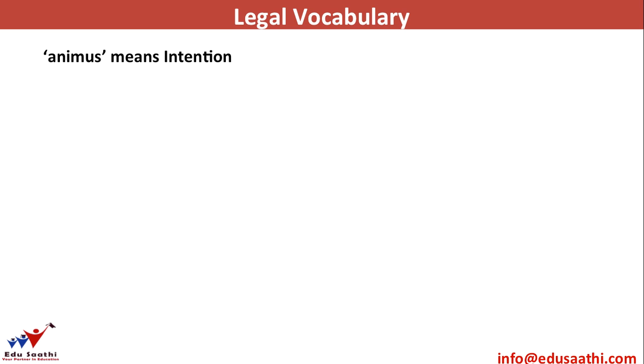Next term we have is animus, which means intention. Animus comes from anima, which is heart. And you might have heard it in our normal vocab lecture, the word root lecture, that we have words like magnanimous or pusillanimous, right?